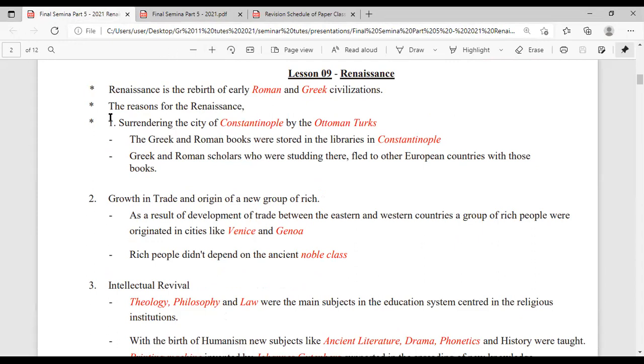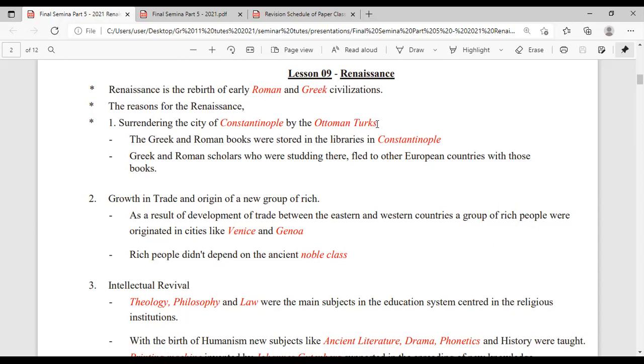The reasons for the Renaissance. There are four reasons. What are the four reasons? Surrendering of the city of Constantinople to the Ottoman Turks. Who are the Ottoman Turks? They were the people in Turkey. At that time, that place was known as Asia Minor. There was no country like Turkey. And they had embraced the Islam religion.